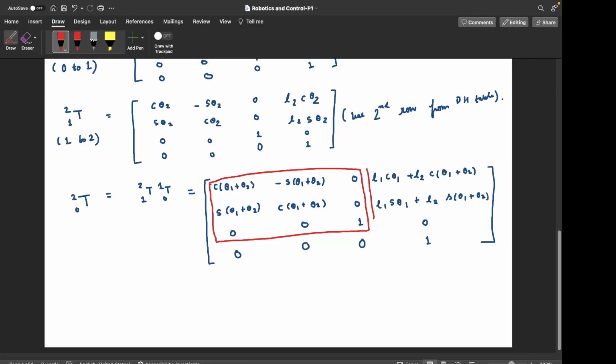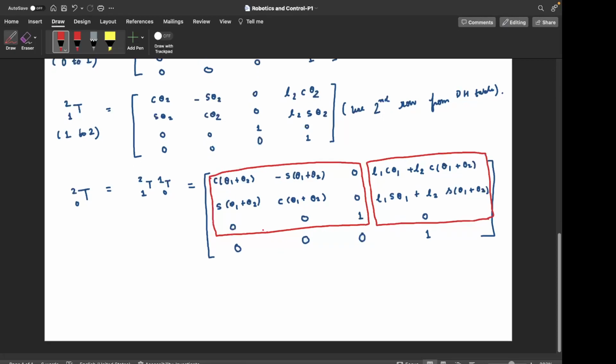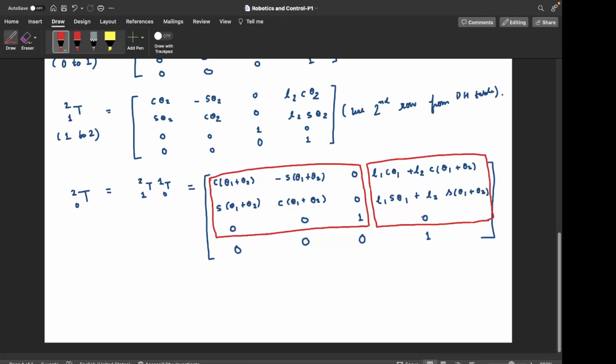And this 3 cross 1 vector, this one, this gives the position of the end effector.